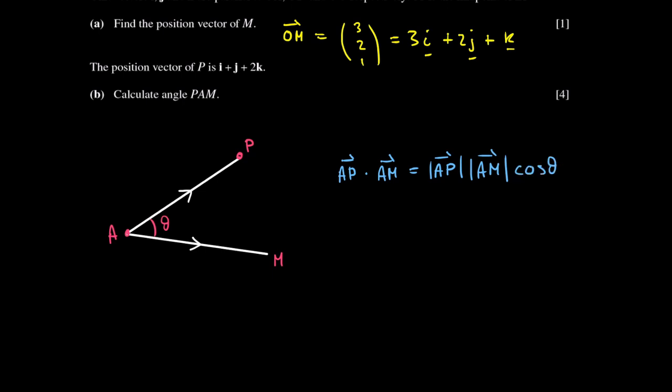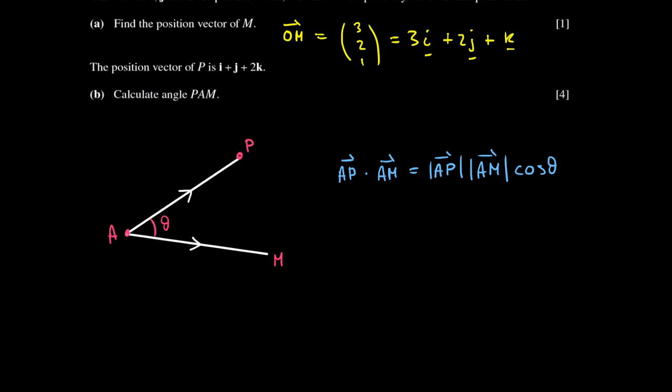Hopefully that's a formula you're quite familiar with. So if I want to find the angle between any two vectors, in this case AM and AP, then the scalar product of those vectors is equal to the size of this times the size of that times the cosine of the angle between them. Okay, so in order to do this, the first thing I need to do is find the vector AP, and I need to find the vector AM.